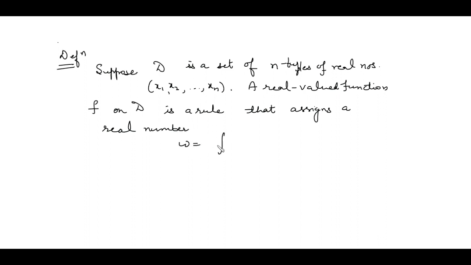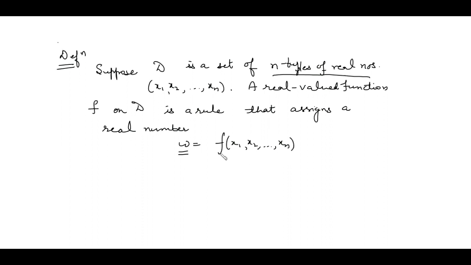like w. It's a function of these n independent variables. And when we substitute these values, we will get a real number which is denoted by w. So w is a real valued function defined on the domain set D, which is having n independent variables. That is called n tuples of real numbers. Then this w is a real valued function which depends on these n independent variables.